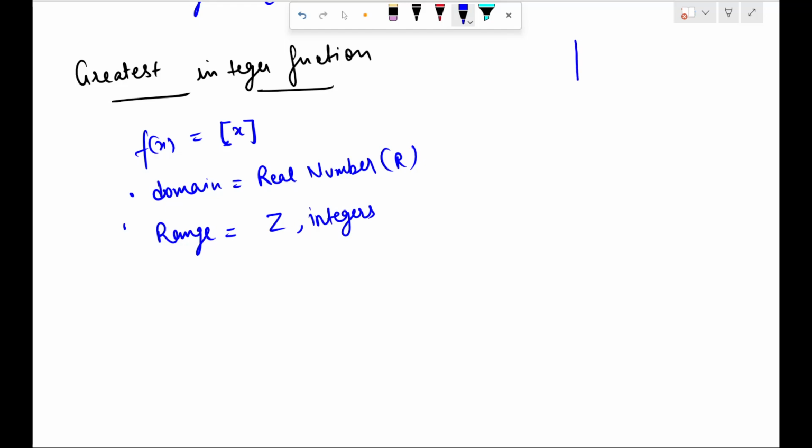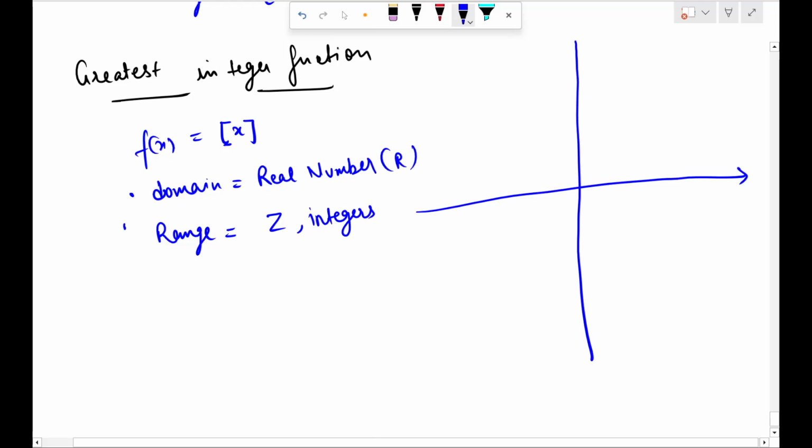So the plot will look like this. So this is the y-axis and this is the x-axis. So we have 1, 2, 3, minus 1, minus 2, minus 3.